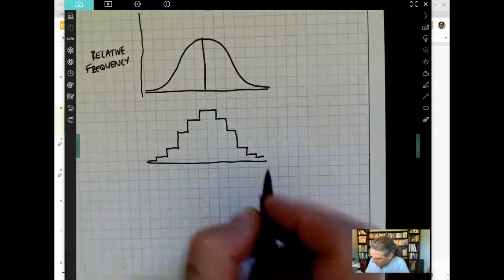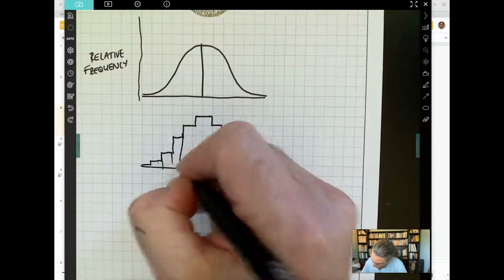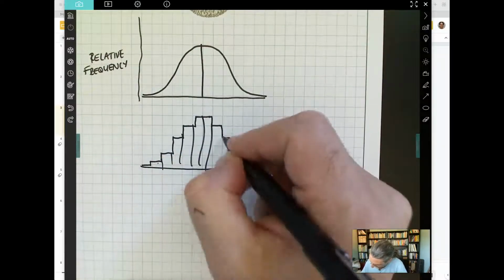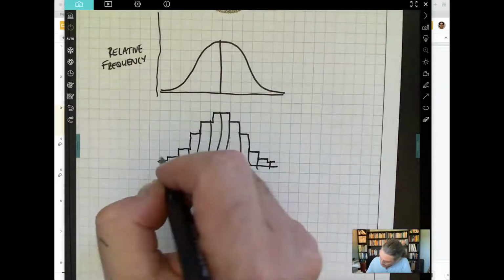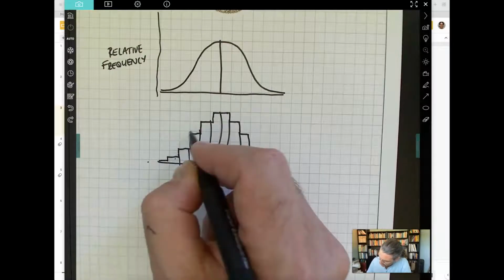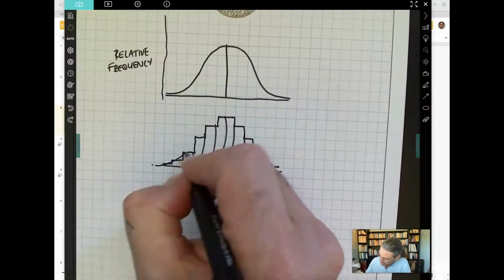Okay. So it might look something like that. But instead of having that jagged edge, we just smooth it out.